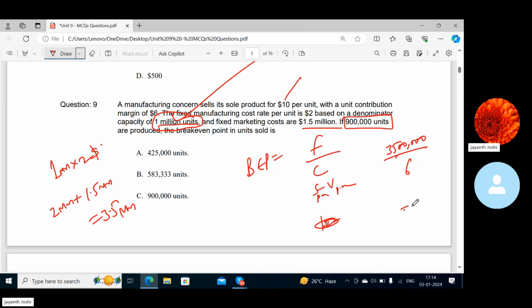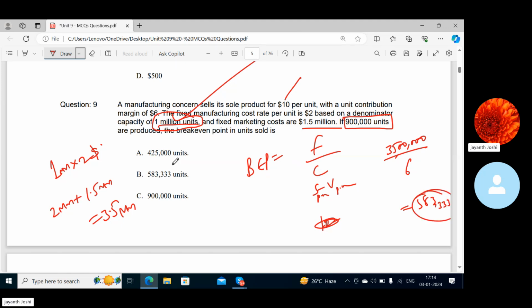Just tell me what's the answer. So they'll make 900,000, but they have to sell 1 million. Okay. 583,333.3. So B, 583,333. This is the answer.